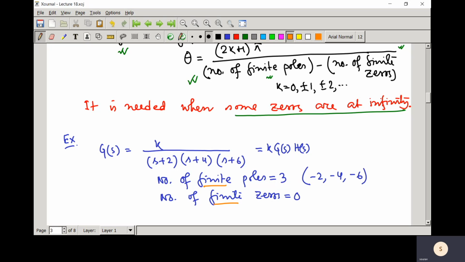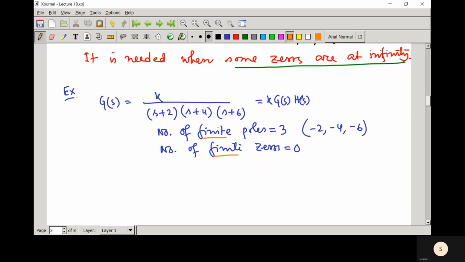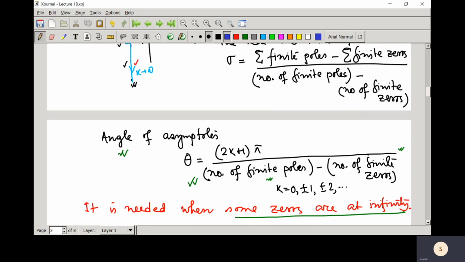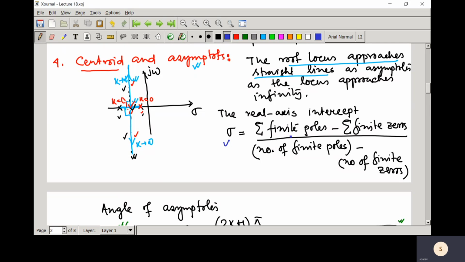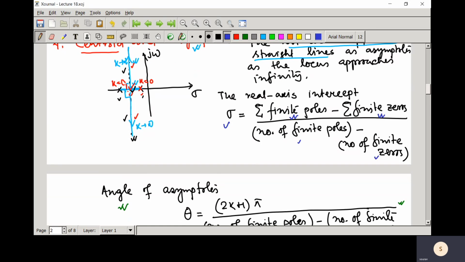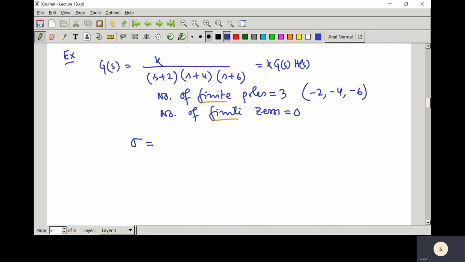So then what would be sigma? This sigma formula is the summation of finite poles minus the summation of finite zeros, divided by the number of finite poles minus finite zeros. What is the summation of finite poles?